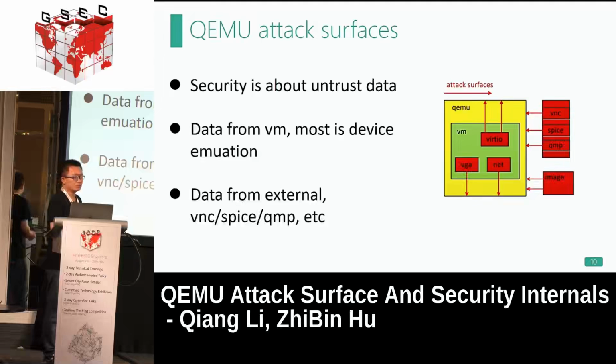I have separated this into two aspects. The first is data from the virtual machine, mostly device simulation, for example, VGA, virtio, LED, and so on. The other direction of data source is from external, for example, VNC, SPICE, QMP, even the image.